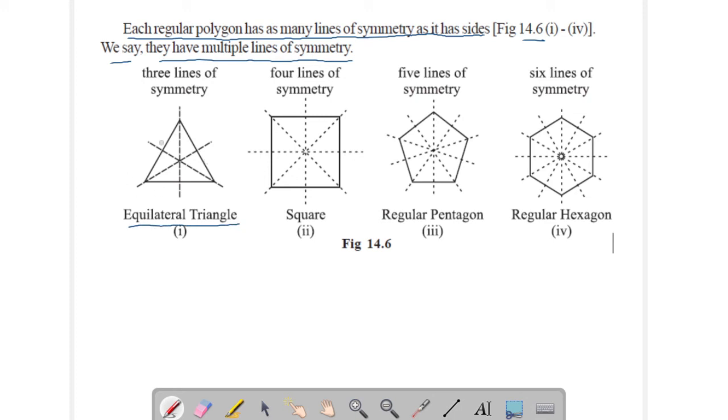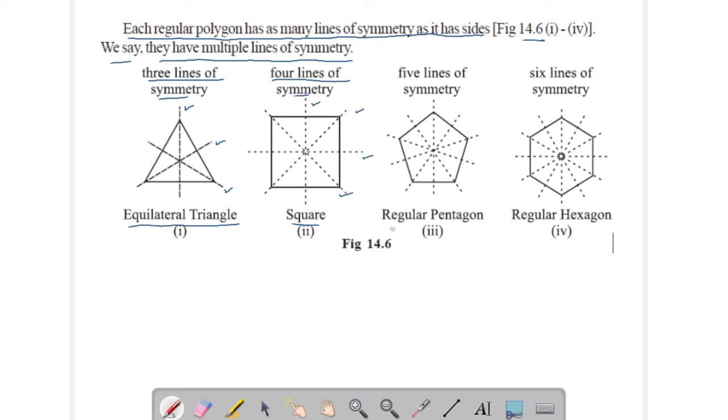There are 3 lines of symmetry. That is, this is first, second, and third. Now, second figure is a square. In a square, how many lines of symmetry are there? There are 4 lines of symmetry. That is 1, 2, 3, and 4.